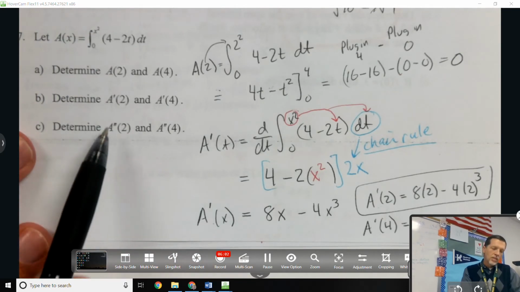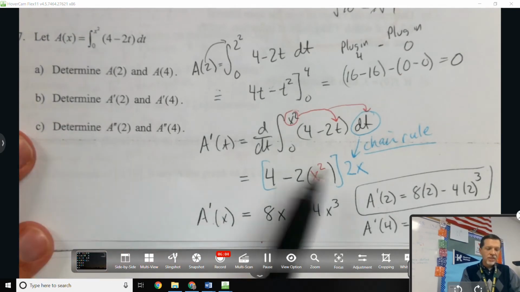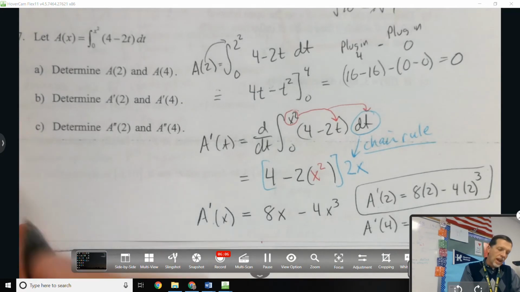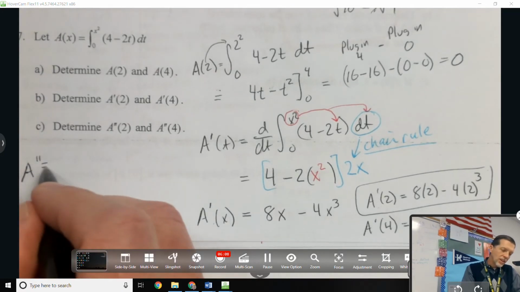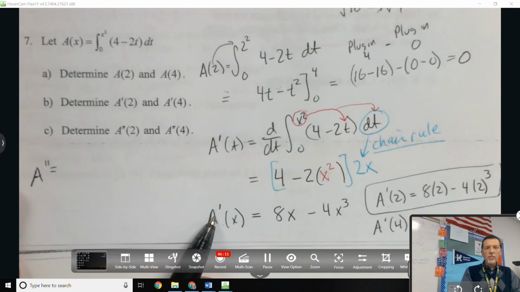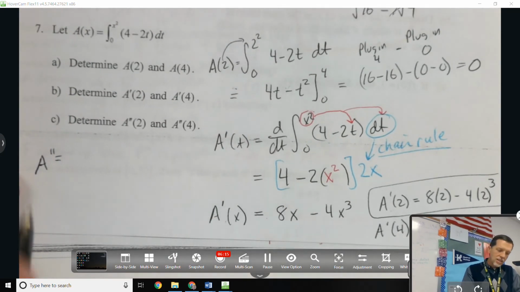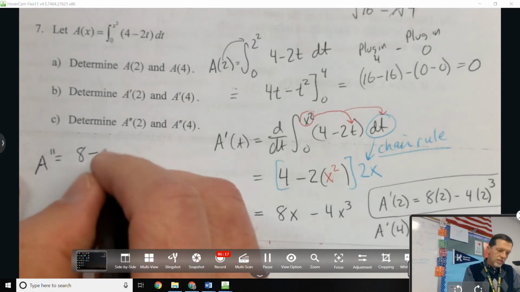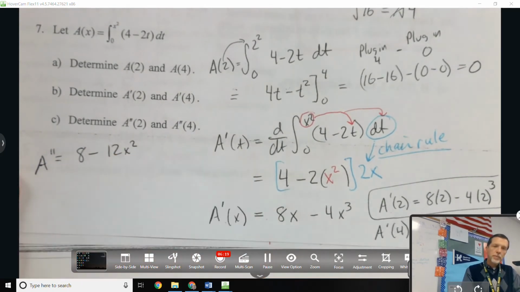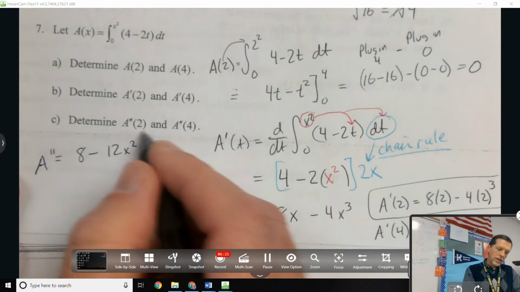Okay. For this one, the derivative of an integral, a double prime is even easier, because I have a prime. Just take the derivative of that, 8 minus 12x squared, and then plug in 2 and plug in 4.